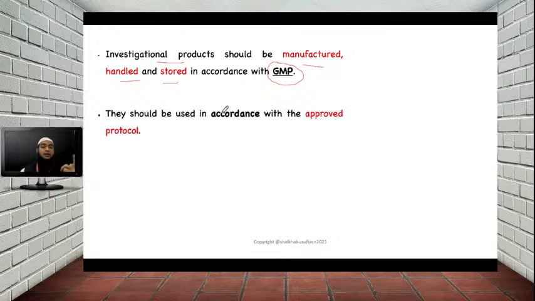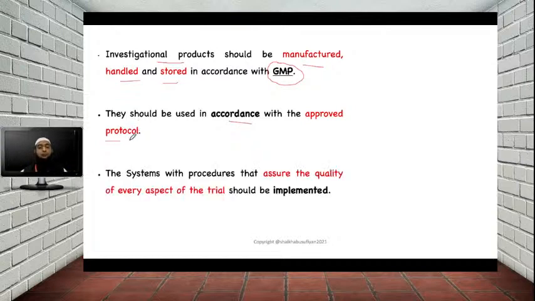Okay, and they should be used in accordance with the approved protocol. It should not be used the way the investigator wants or the way the sponsor wants, but in accordance with the approved protocol. So you will be taking approval that maybe for phase 1 you will need this much amount of the drug, so you will be manufacturing that much amount of drug only.